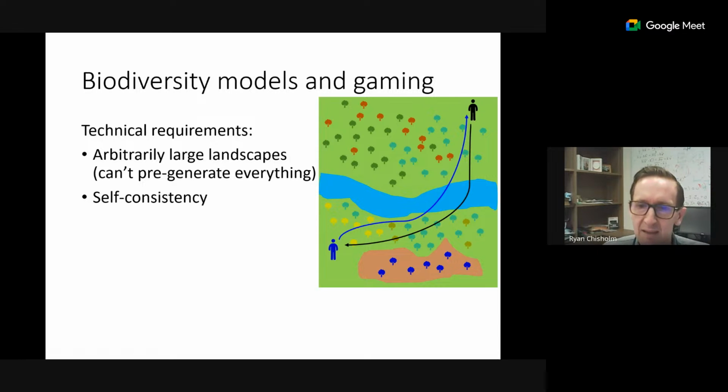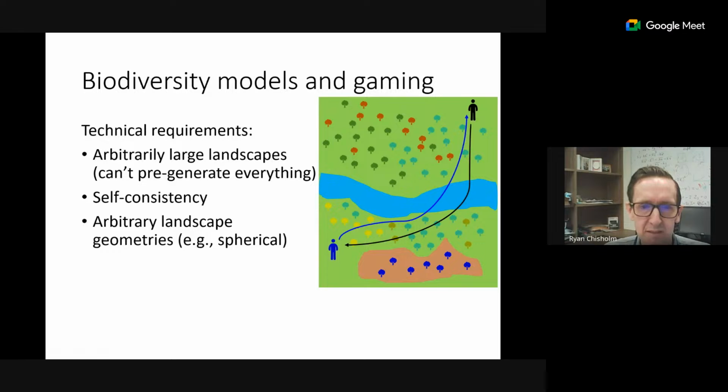And player A doesn't even know about player B's location, doesn't even know that exists, and even all the details of it when he spawns. We'd like to have arbitrary landscape geometries, so potentially spherical or other shapes, so we could do planets. Runtime generation, so we want it to be fast.